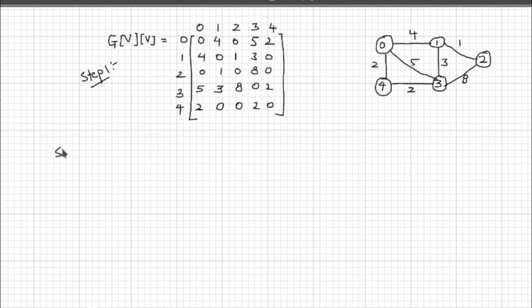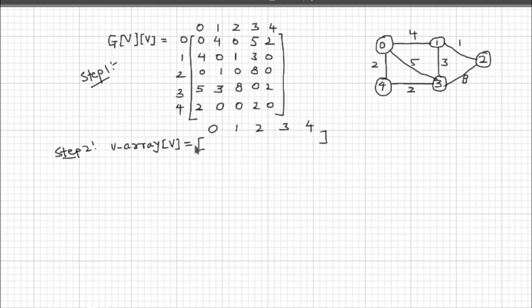Let's come to step 2. In step 2, we are going to initialize an array which will have the number of vertices as locations. In this case, you can see we have 5 vertices. So we are going to create an array with 5 locations: 0, 1, 2, 3, 4.